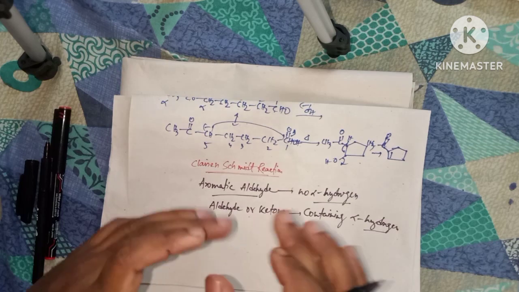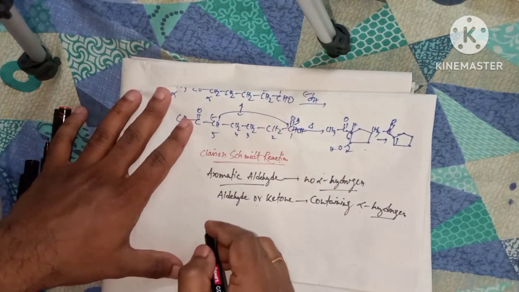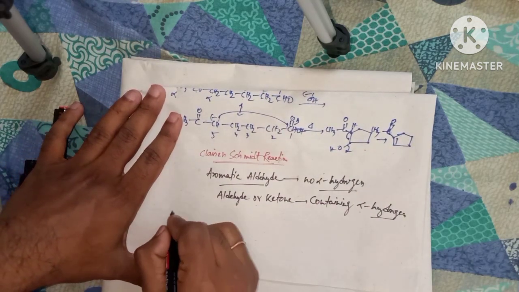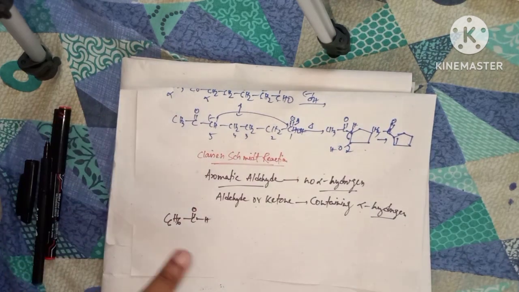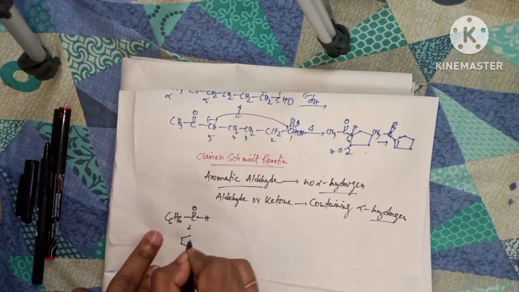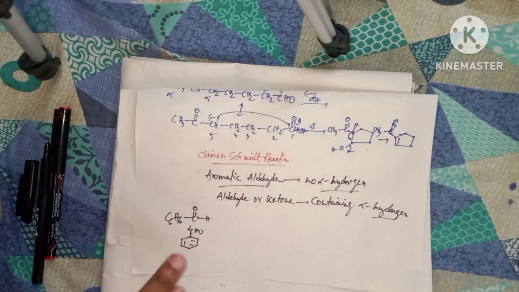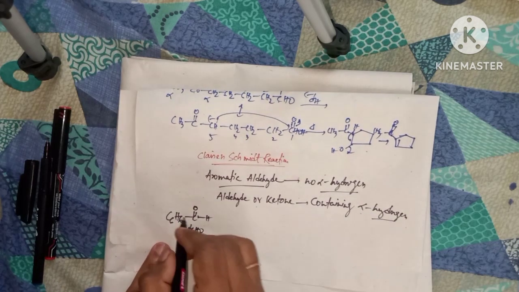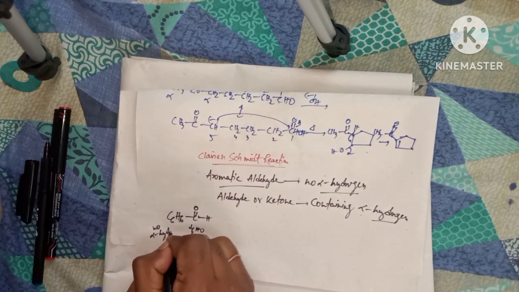So what is the mechanism of the Claisen-Schmidt reaction? Suppose an example is C6H5CHO, an aromatic aldehyde, where there is no alpha hydrogen present. And another, suppose an aliphatic aldehyde, CH3CHO, where alpha hydrogen is present.